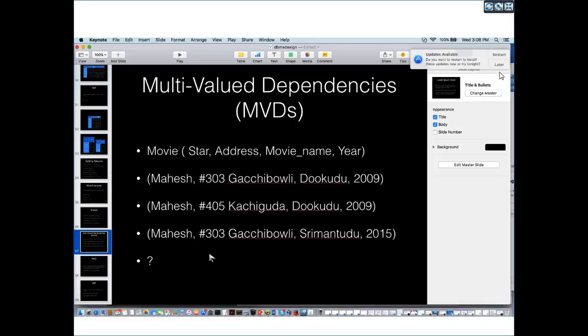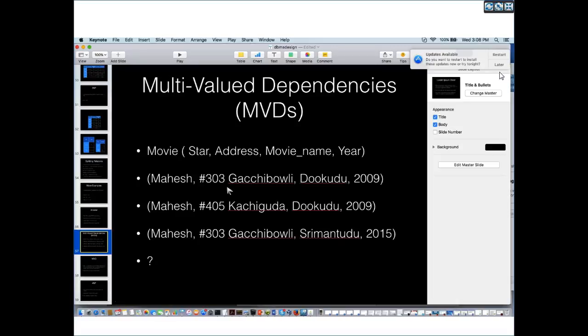So what is a multi-value dependency? I have taken a simple example which you can understand. Take the set of attributes: movie star, address, movie name. I took a famous star, very famous in Telugu, Mahesh Babu.